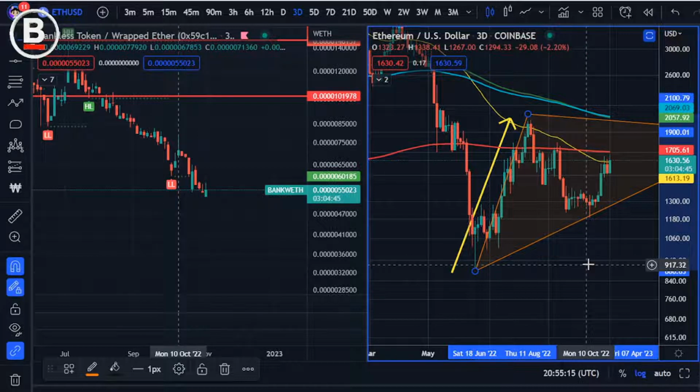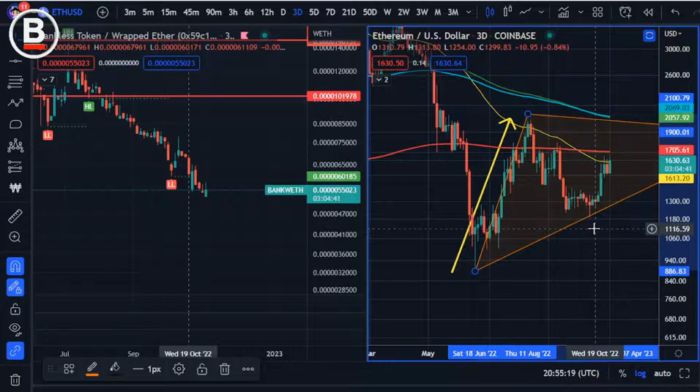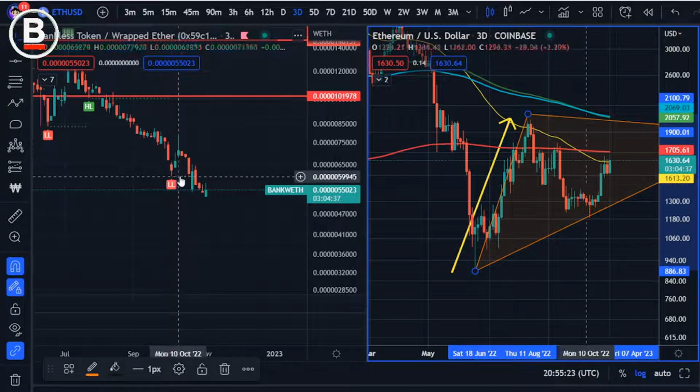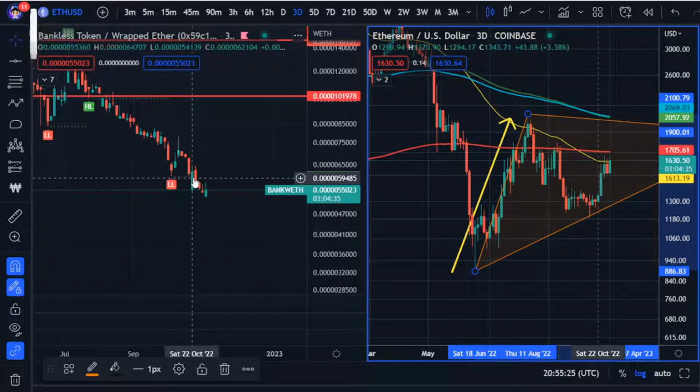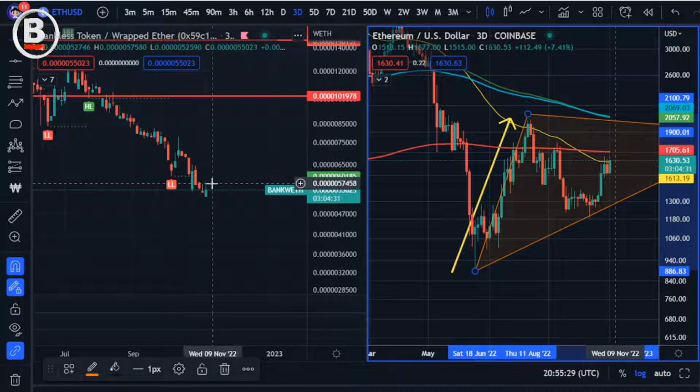And what we start to see is Ethereum going sideways from September to October, and the bank token getting a little price action from that sideways movement.